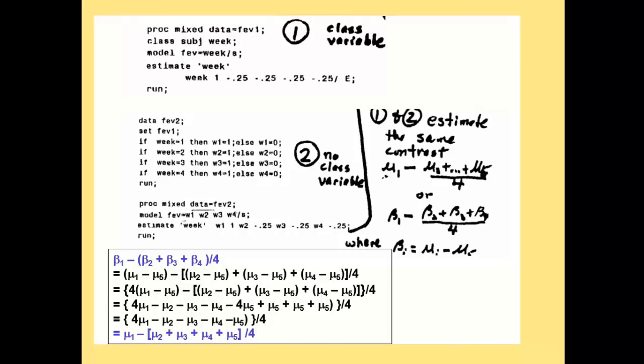Now what about this? What's being done here? I showed you this last time, so maybe I'm overdoing it here. In any case, W1 is a parameter for a variable that you defined as a dummy variable, taking on the value 1 for week 1, 0 otherwise.